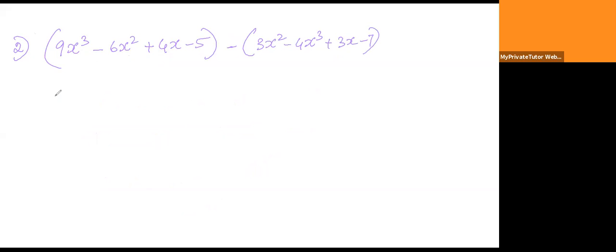So what you will do, you will write the first polynomial as it is. You're going to remove the brackets for the second one, but make sure that we have a minus sign in between. So you are going to distribute this minus sign for all the terms. Please do that, guys. Minus 3x square plus 4x cube minus 3x plus 7.